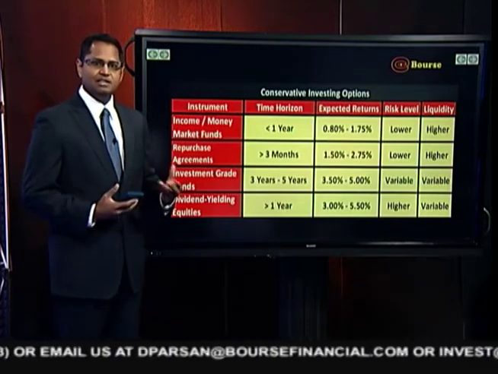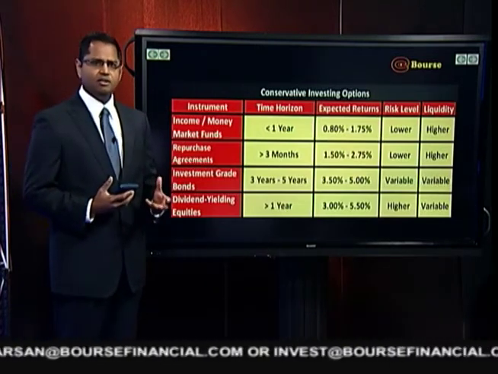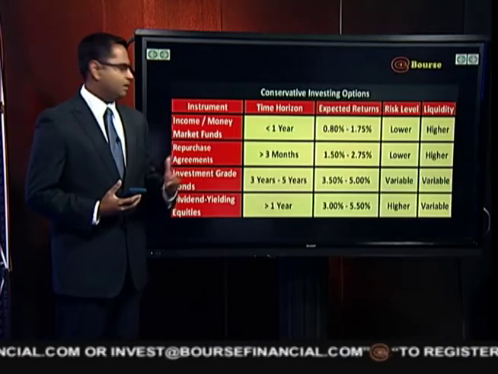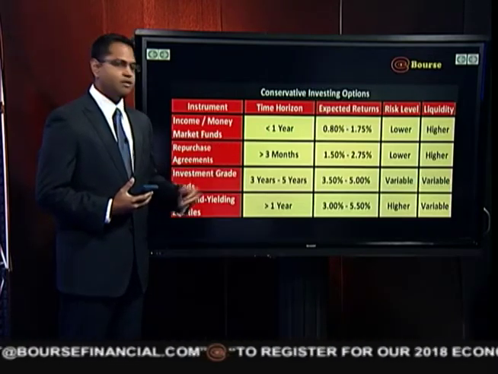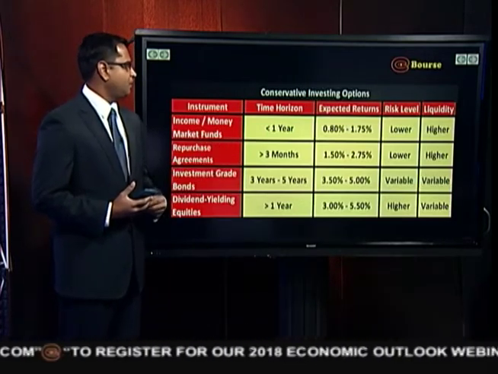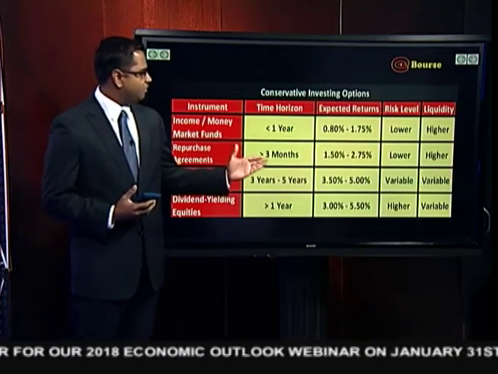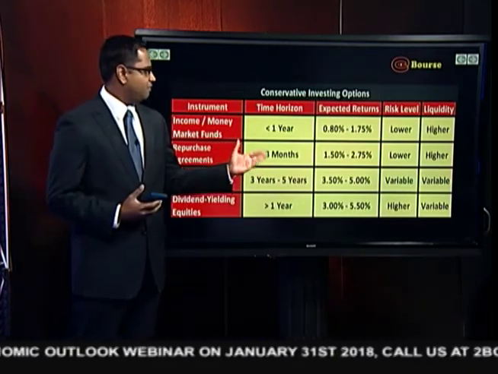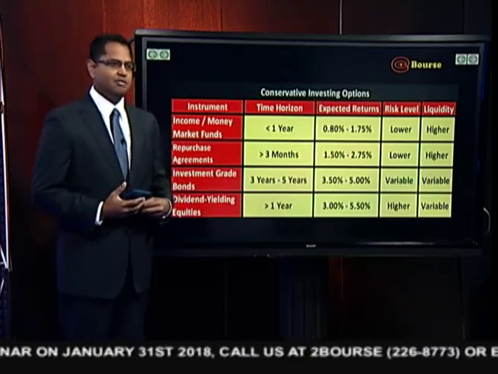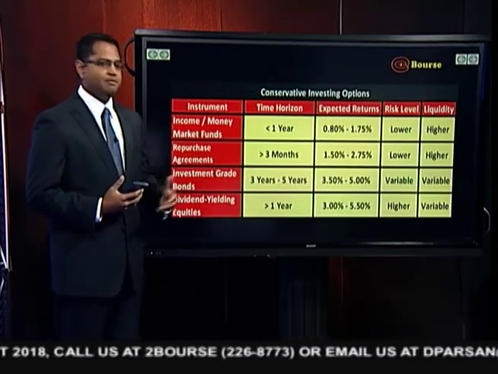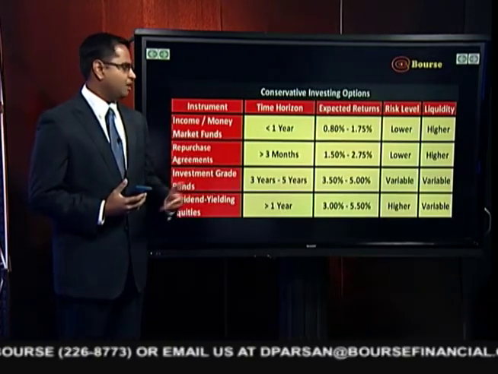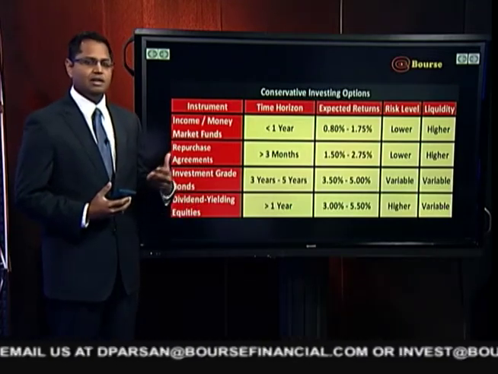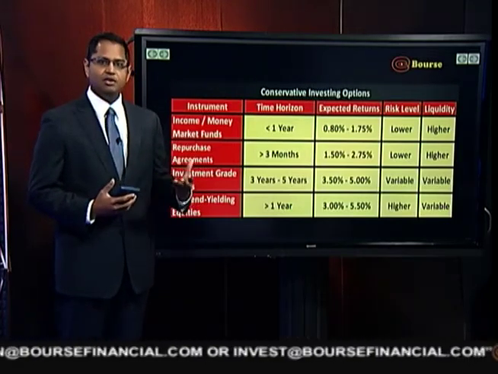Repurchase agreements are similar to the traditionally understood fixed deposits and can vary from as little as 3 months to out to 3 years in terms of time horizon. Expected returns on a repurchase agreement or a repo can vary from 1.5 to 2.75%, depending on several factors, including the amount of time that you invest for and the collateral that is being used as security for your investment.